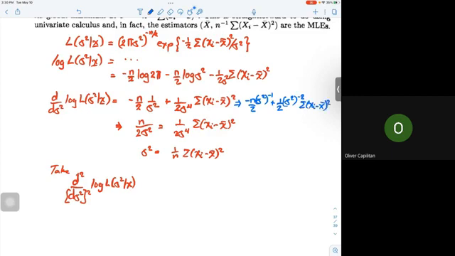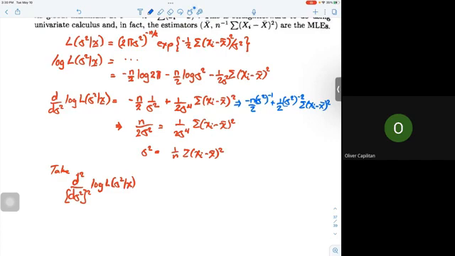By the way, we want to determine if indeed sigma square hat equal to this is a global maximum. So we're going to apply the second derivative test. That's why we need to determine the second derivative of the log likelihood function.